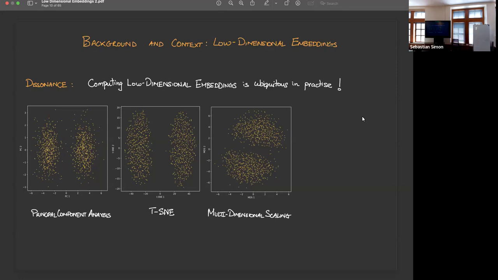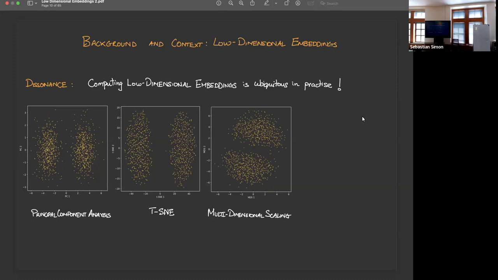So what do they do? They run algorithms like principal component analysis, or other classes of algorithms called t-SNE, or multi-dimensional scaling. And these algorithms actually work on real world data. So here I took two Gaussians in 100-dimensional space, and I ran these algorithms on them, using general Python packages.